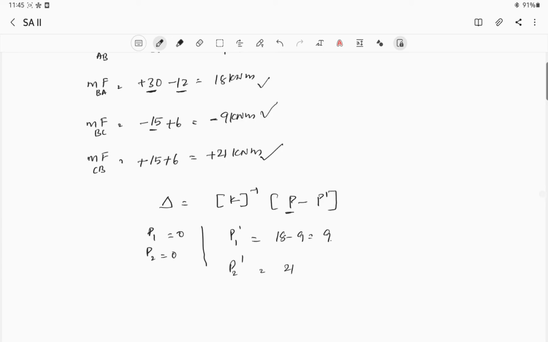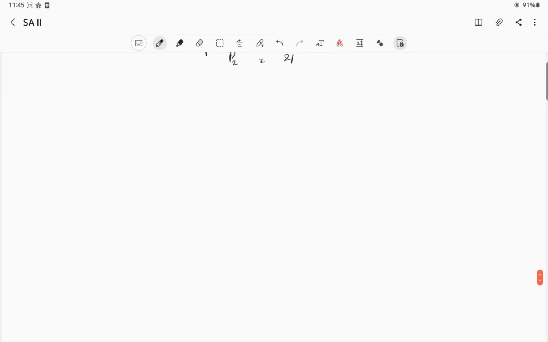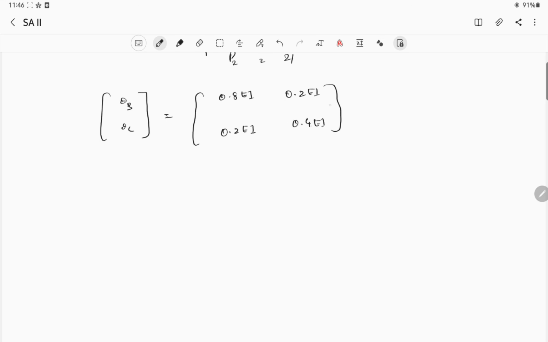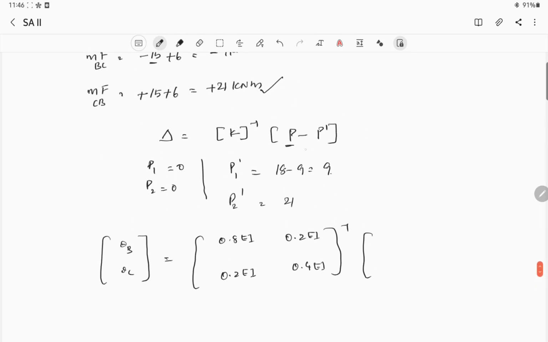So substitute these values, that is delta is theta B and theta C. These are the two values which we don't know, isn't it? Then stiffness matrix is 0.8 EI, 0.2 EI, this is 0.2 EI and 0.4 EI. You invert this matrix into P1 minus P1 dash, P2 minus P2 dash. So minus, right?